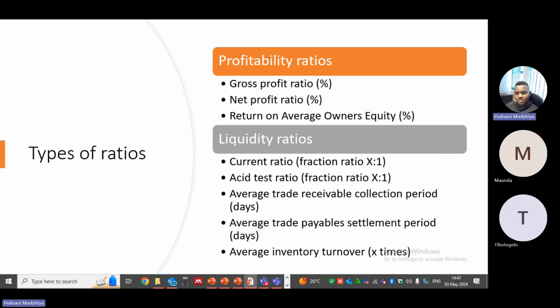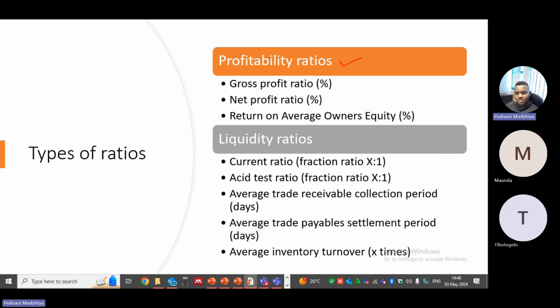We've got profitability ratios, liquidity ratios, solvency ratios, investment ratios, cash flow ratios, and turnover ratios. In total, I think we've got around seven to eight categories of ratios. But for our learning purposes, we're going to focus on the major types of ratios, which are useful for a company for both internal and external purposes.